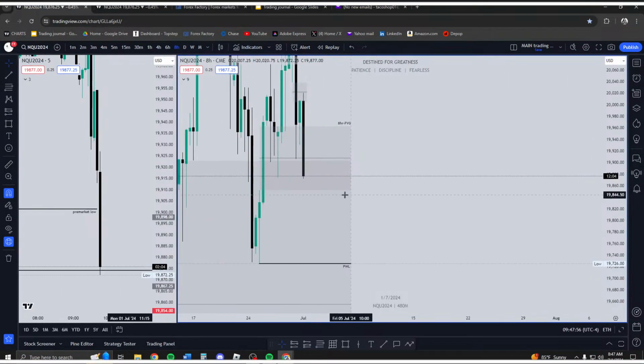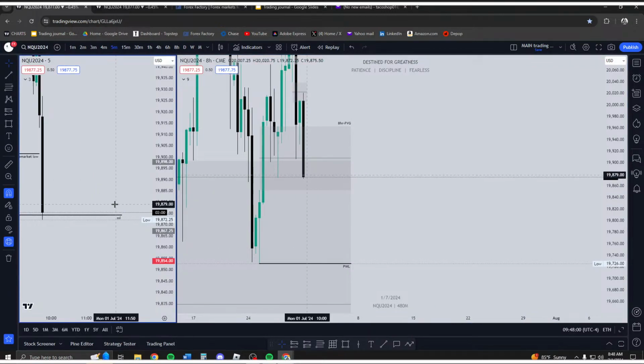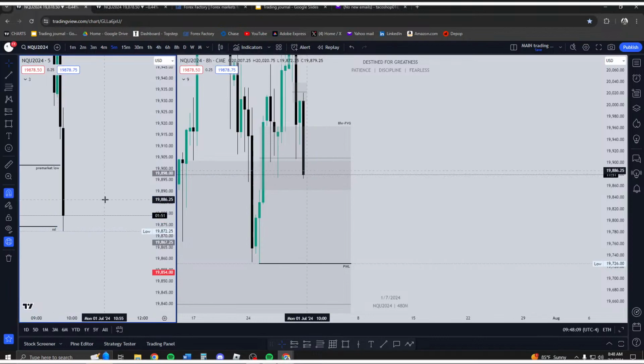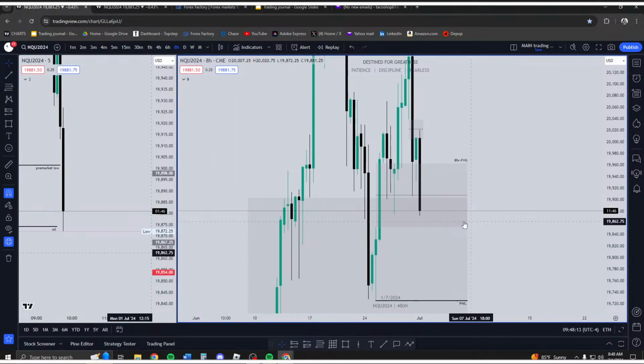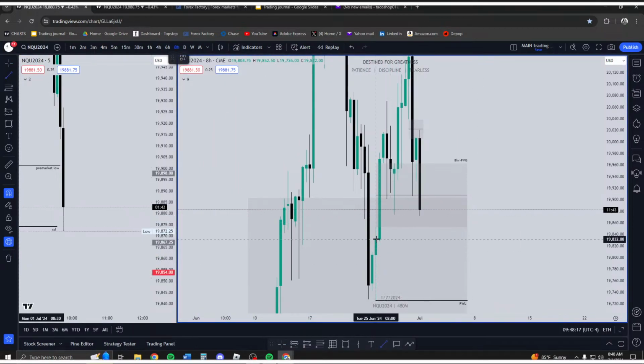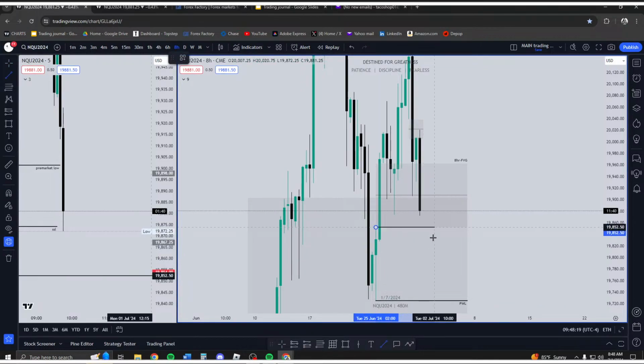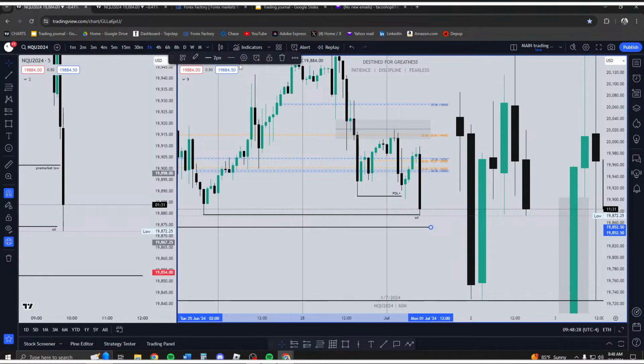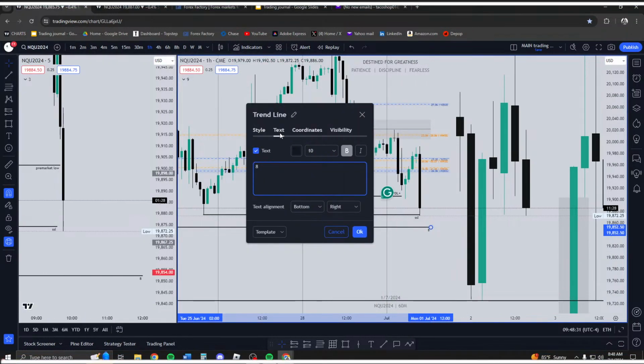Alright, we just took that sell side level on NQ. So now the new target will probably be this 8-hour FVG's low.